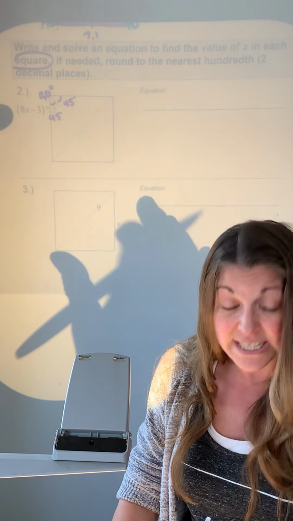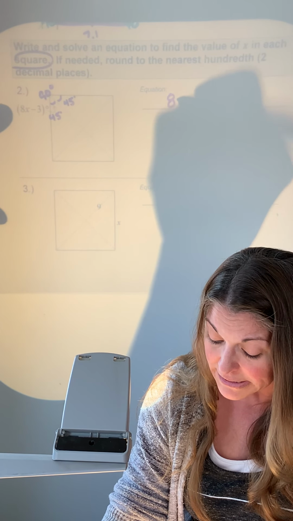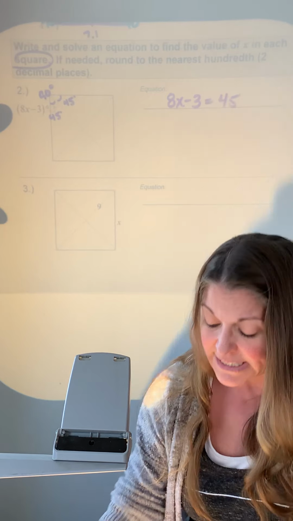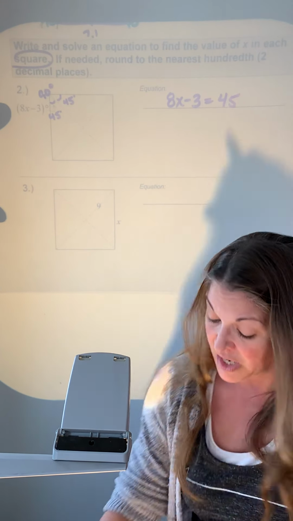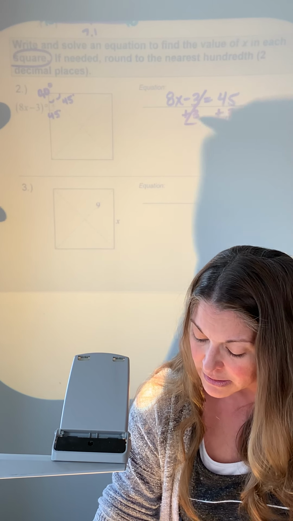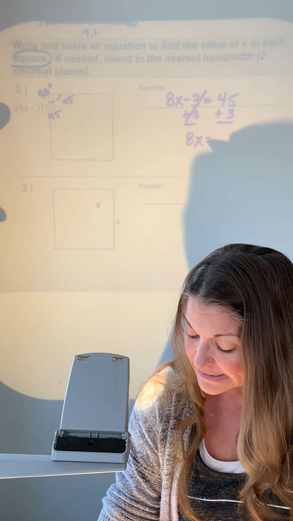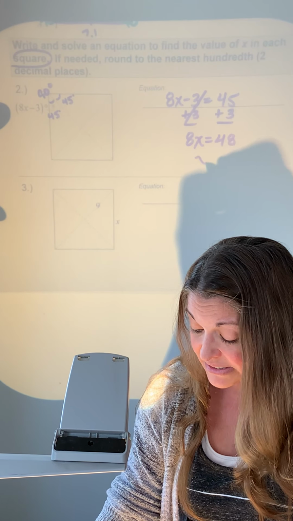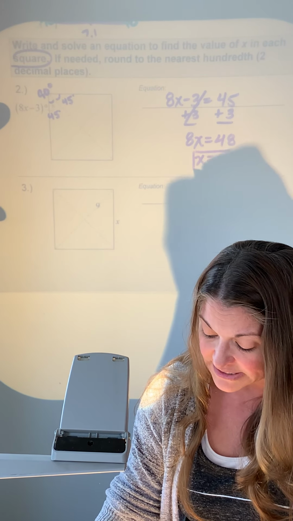Therefore, since this 8x minus 3 is only pointing to half of the 90, I'm just going to set it equal to the 45. We'll add 3 to the other side. That'll give us 8x equals 48. Divide by 8 on both sides, and that will give us 6.